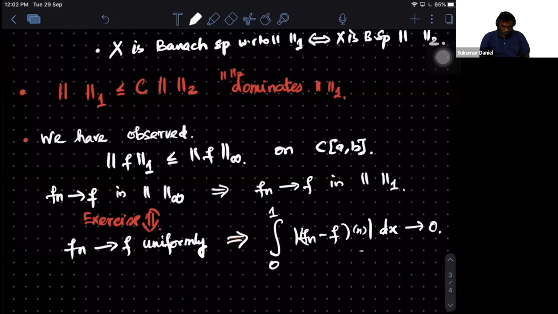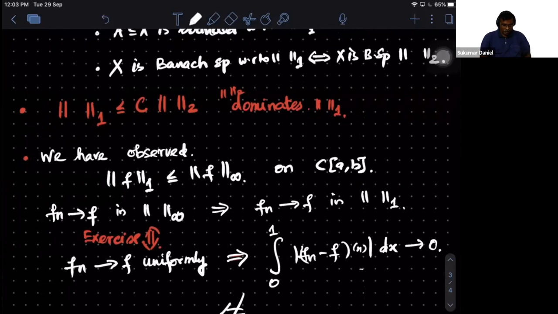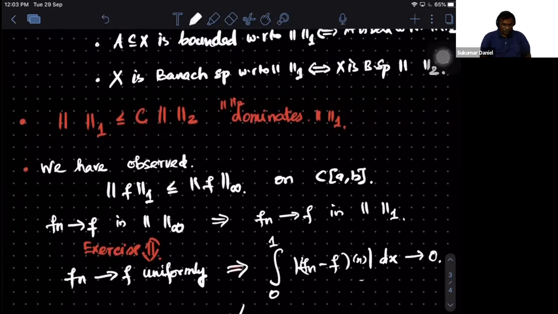But the other way is not true, since it is not an equivalent norm. That means this convergence is stronger than this one, and this convergence is weaker. The right-hand side one, converging in probability or whatever you called it, is a weaker notion than expecting a uniform convergence.